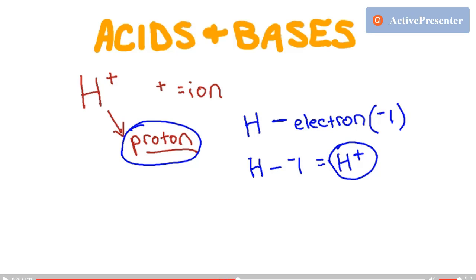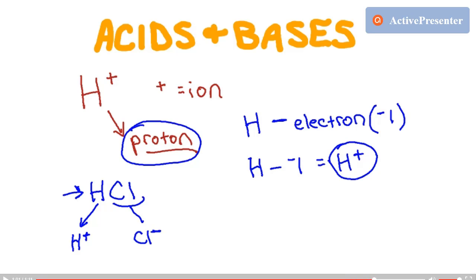Now this H positive comes into play because it's going to be at the beginning of every single acid that you have to study. Like here's hydrochloric acid, see the beginning of it begins with an H. And if you break this up into its ions, the hydrogen becomes the hydrogen ion, and the chlorine becomes the chloride ion.